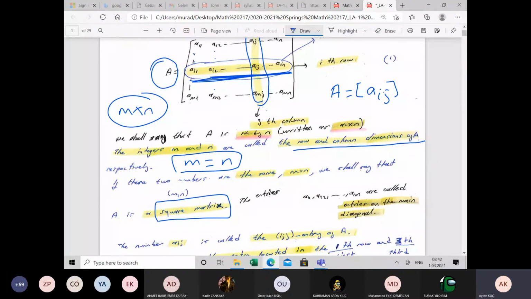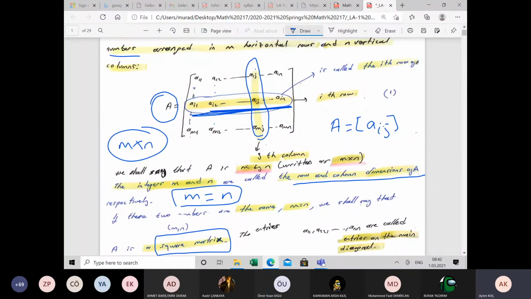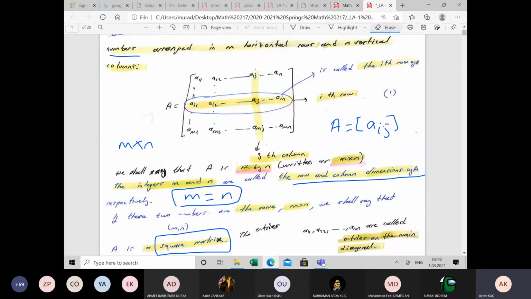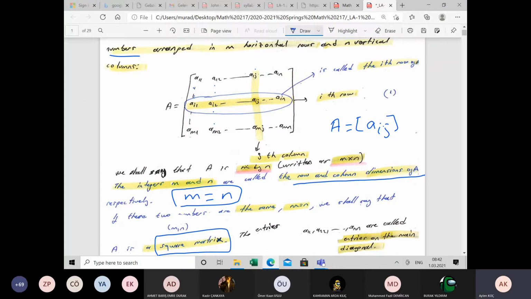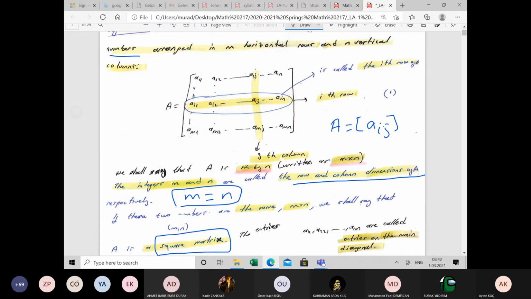Let's come back to our matrix. The second row is a sub 2,1, sorry, a sub 2,2, and so on up to a sub 2,n.